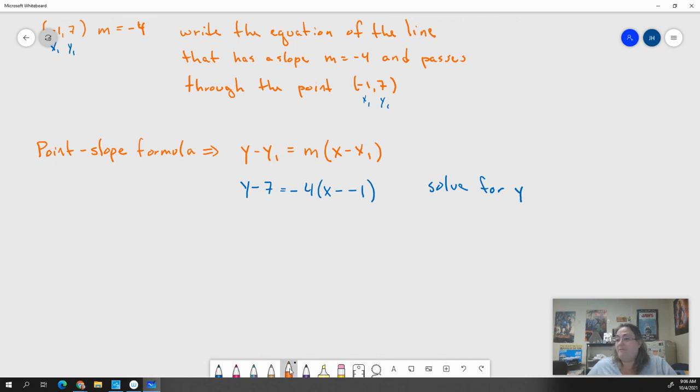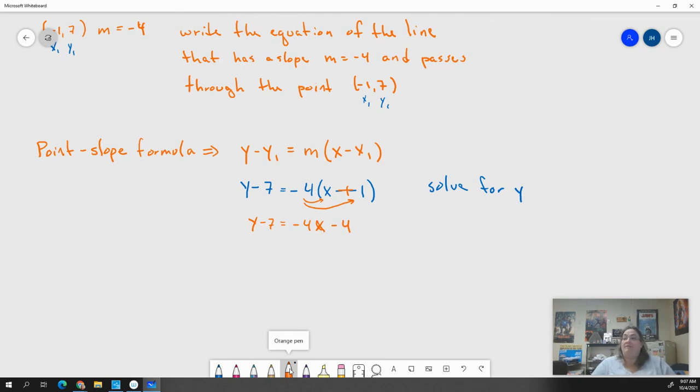Well, the first thing I have to do is look at this and understand that negative like this together gives me a plus, right? So I have y minus 7 equals -4 times x is -4x, and -4 times 1 is just -4, right?